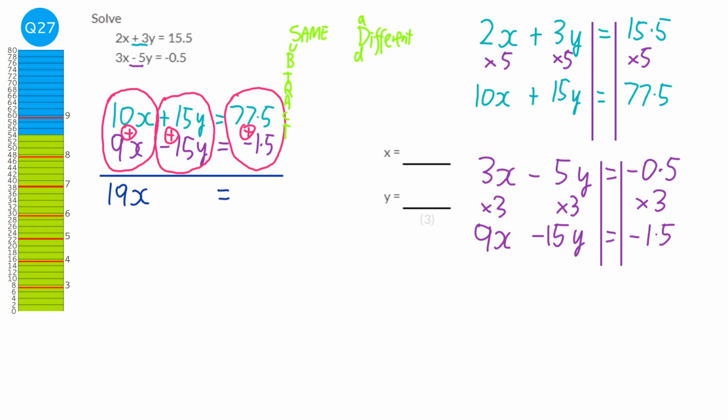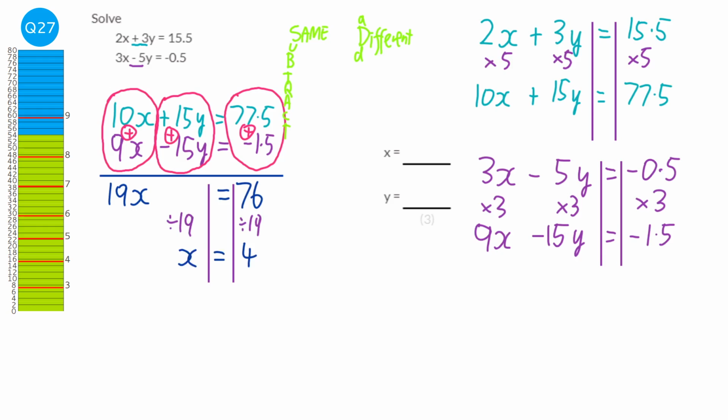And that's the whole point, is we want to get it equal to 0. And then 77.5 plus minus 1.5 is going to be 76. Get our solving lines in, and this is a nice simple solve because we just divide both sides by 19, get x on its own, and so x is going to be 76 divided by 19, which is 4.